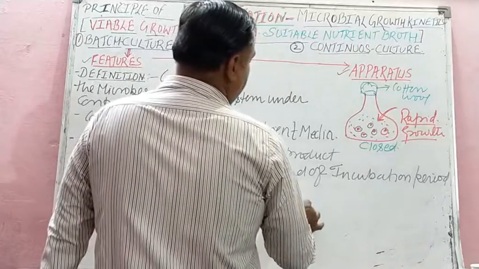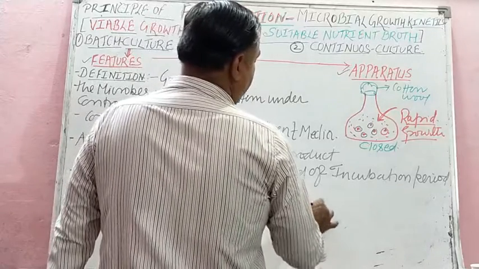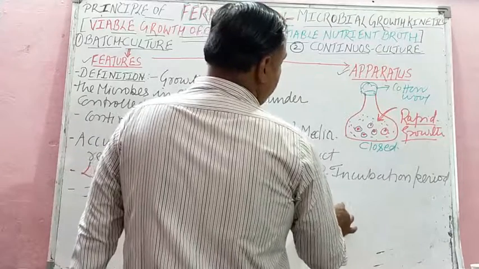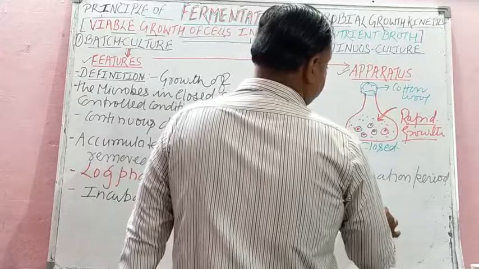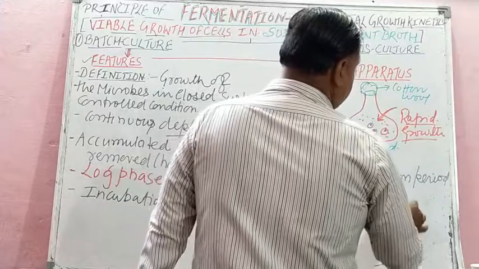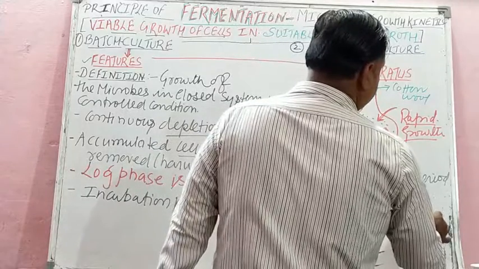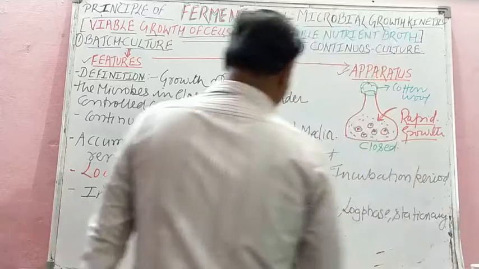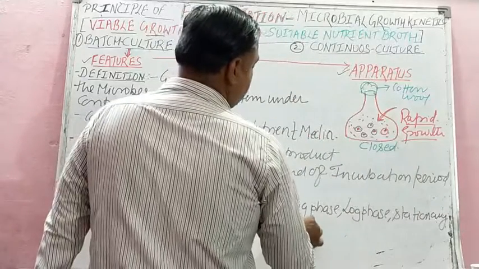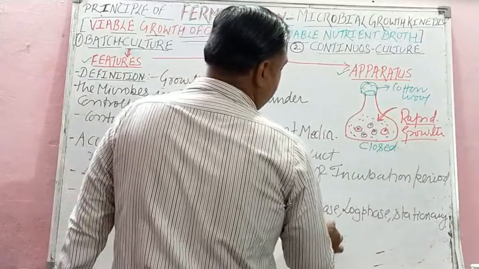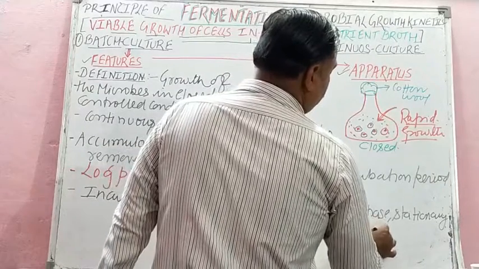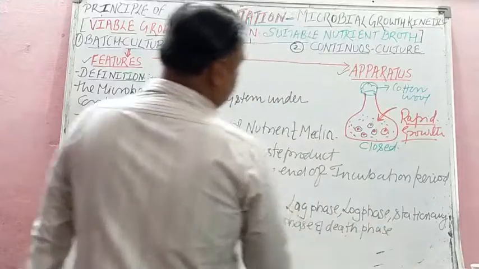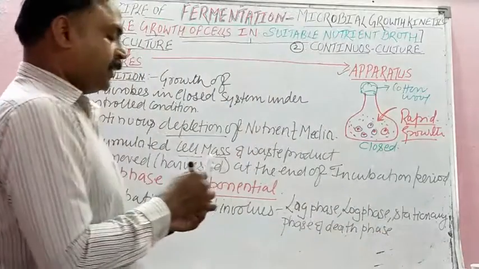Those four phases are, first one is lag phase, then log phase, stationary phase and death phase. Children, we are going to study about these four phases in detail in a graph.